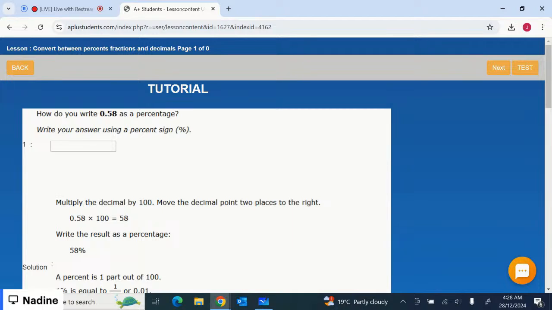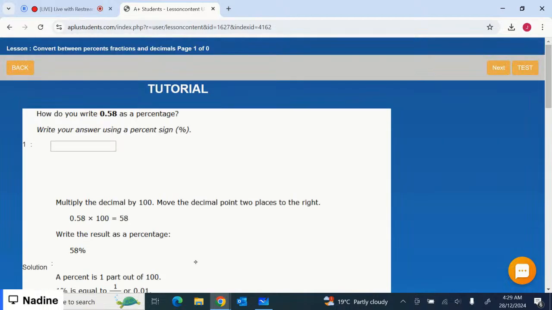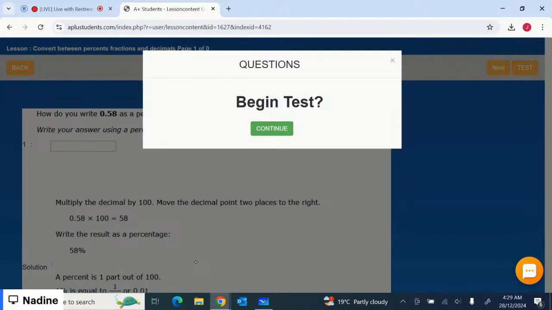How do you write 0.58 in percentage form? Whenever you have to write a decimal in percentage form, you need to multiply that decimal by 100%. So 0.58 times 100 is 58%. Let's start with the test questions.